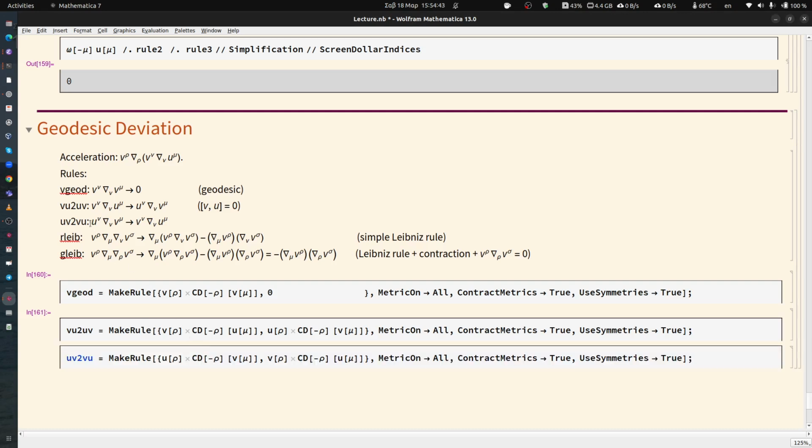Then the third rule replaces U dV by V dU. So you see, this is U dV and this is V dU.